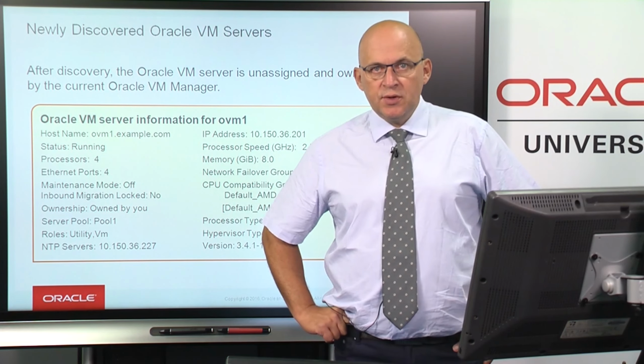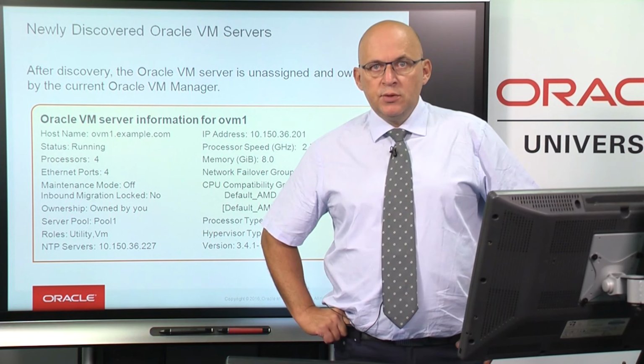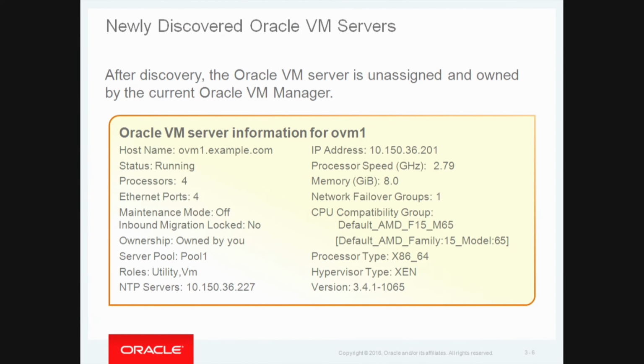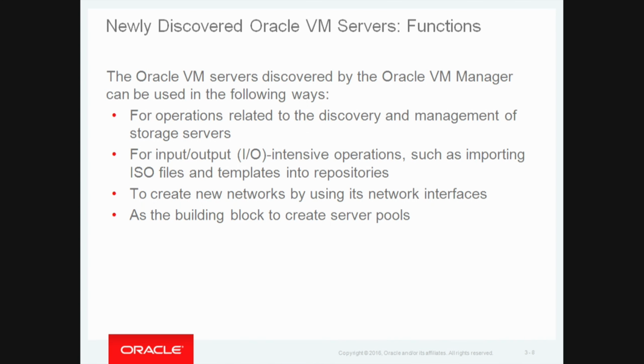So you will see this information on the screen of your OVS server. In this case, the server is not assigned to any particular configuration, but one particular manager has taken hold, and then this manager, through the command line or the web interface, will be able to perform some additional modifications.